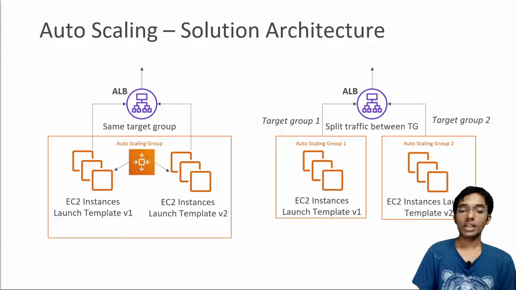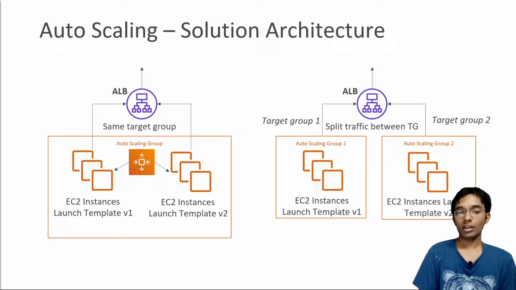Because they belong to the same auto scaling group, they will belong to the same target group, so the application load balancer will redirect requests to both sets of instances at the same time. We have both versions of our application responding to our application load balancer requests. So this is fine, and then we are done.